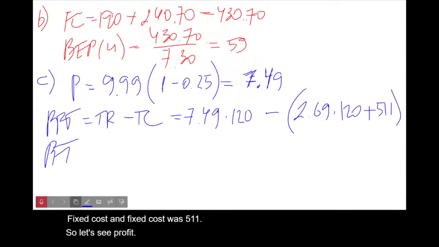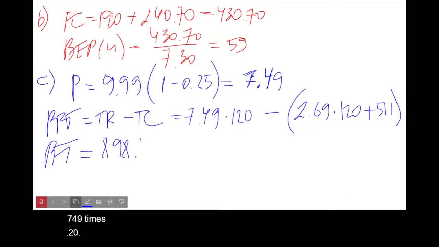Profit is 7.49 times 120, 898.80 minus 833.80. So $65. Profit is 65 bucks.